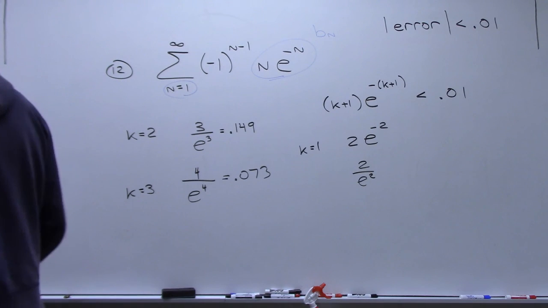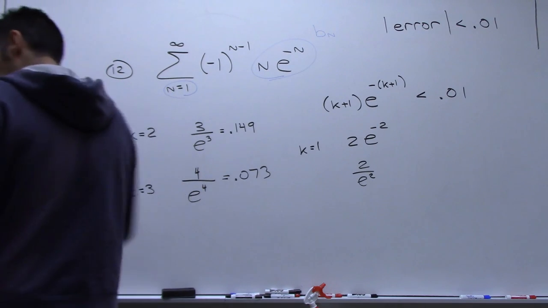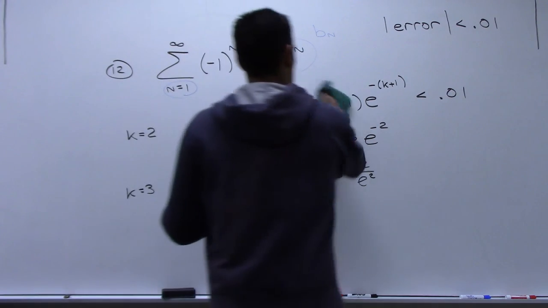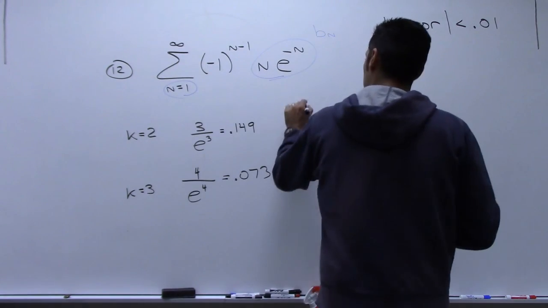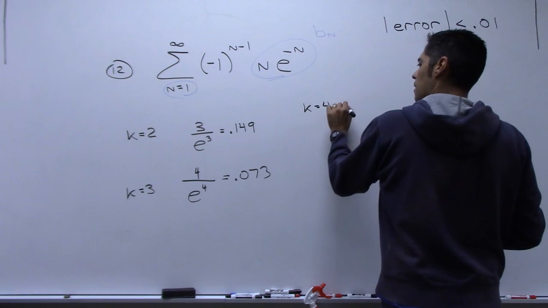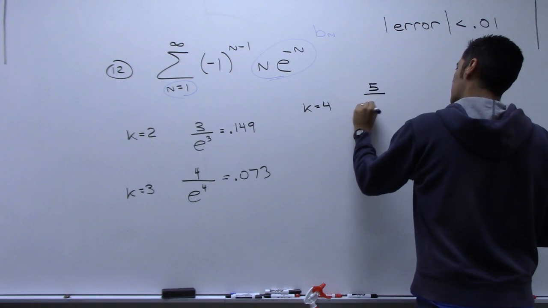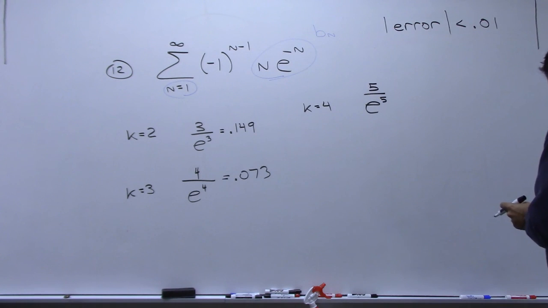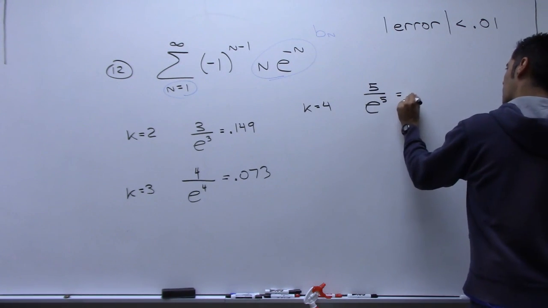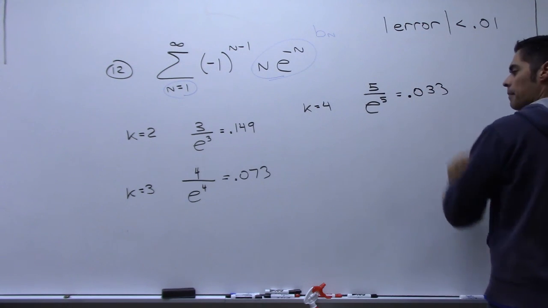Let me see. We'll go through these. K is 4. We get 5 over e to the 5th. Yeah, 0.033.